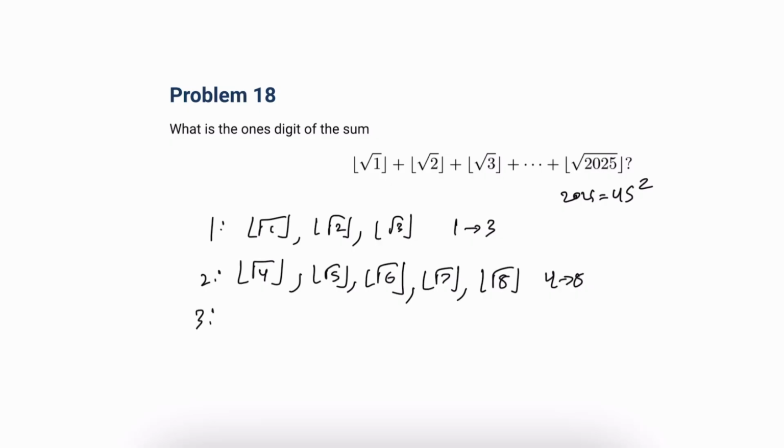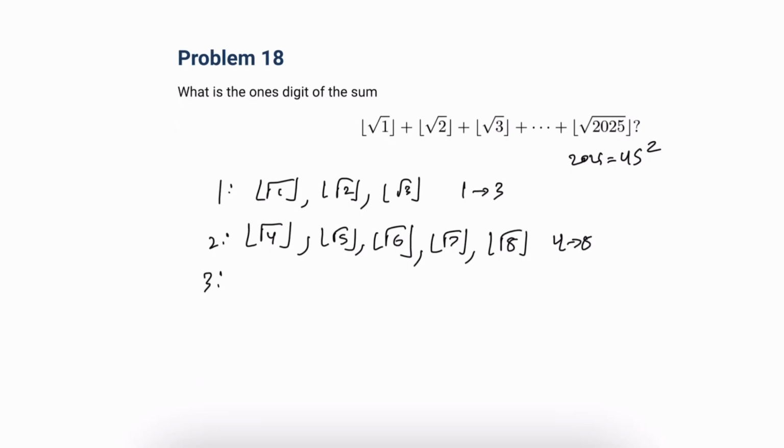And so we can generalize this. For 3, for example, it will be the floor of the square root of 9 all the way to the floor of the square root of 15, so the numbers from 9 to 15.